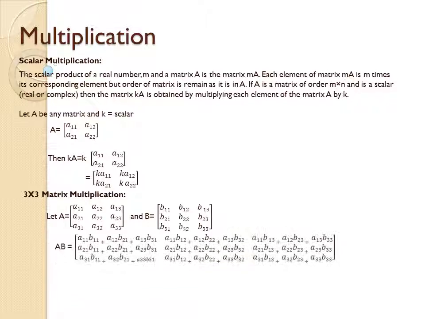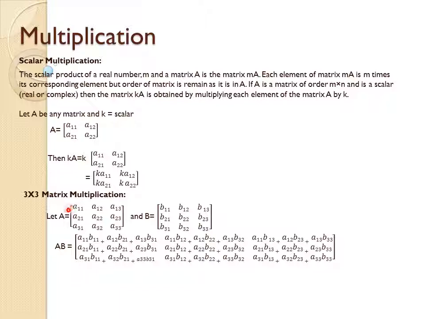So my resultant matrix will have A11 into B11, A12 into B21, A13 into B31. You just see, first row multiplied with first column, so my first element is coming. For the second element, first row multiplied with second column.